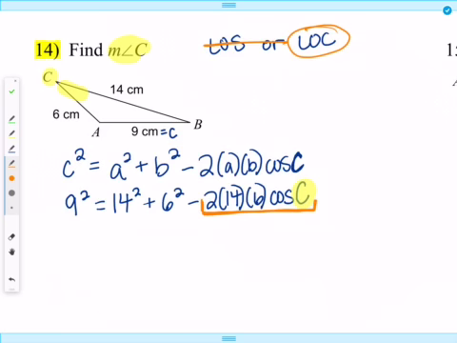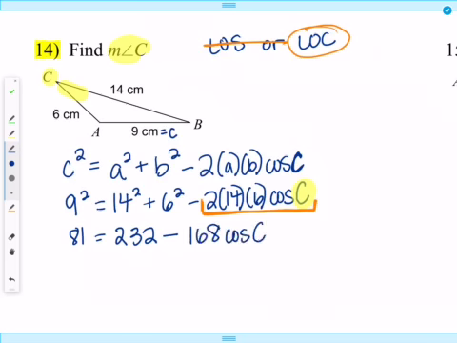We can move around the other parts, but we can't really mess with that part yet. So 9 squared would give us 81. I'm going to go ahead and add together the 14 squared and the 6 squared. That gives us 232 minus, and I will go ahead and multiply out the 2 times 14 times 6, and that gives us 168.